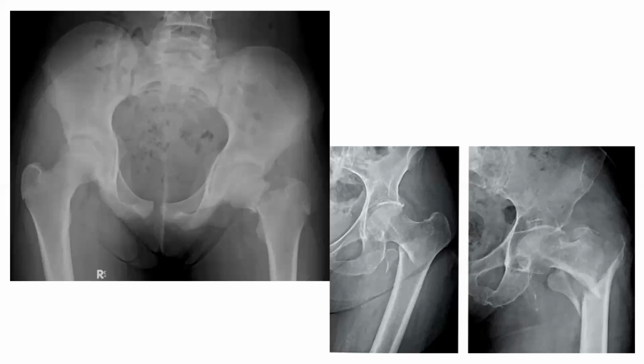I agree, sir. So you said Garden 3, why do you say that? It's not completely displaced. There is some contact. Yes, sir. So what else can you see on this X-ray? There's a symphysial widening.